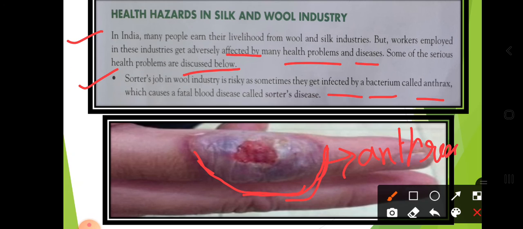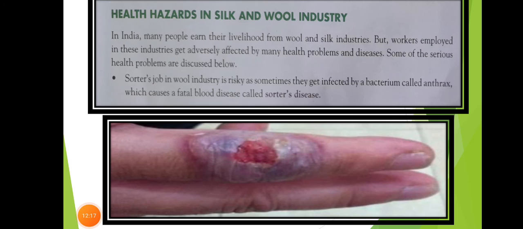This is one of the bad things in the wool and silk industries, that sorters suffer many types of disease, which causes a fatal blood disease called sorters' disease. It is also called anthrax. So dear students, today we have completed the concept of fibers to fabric.